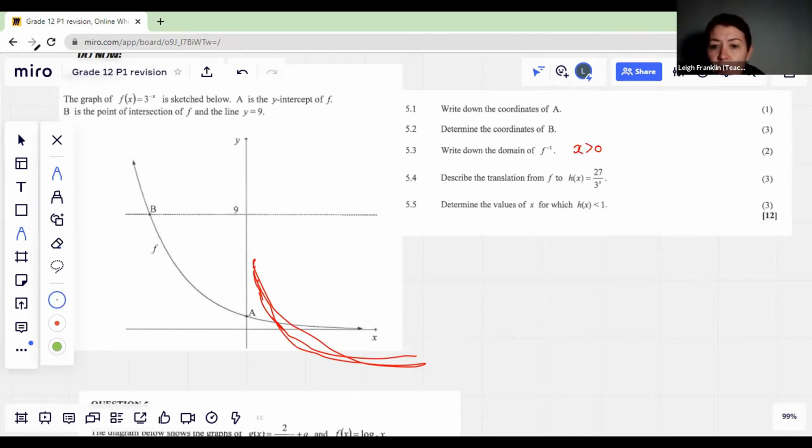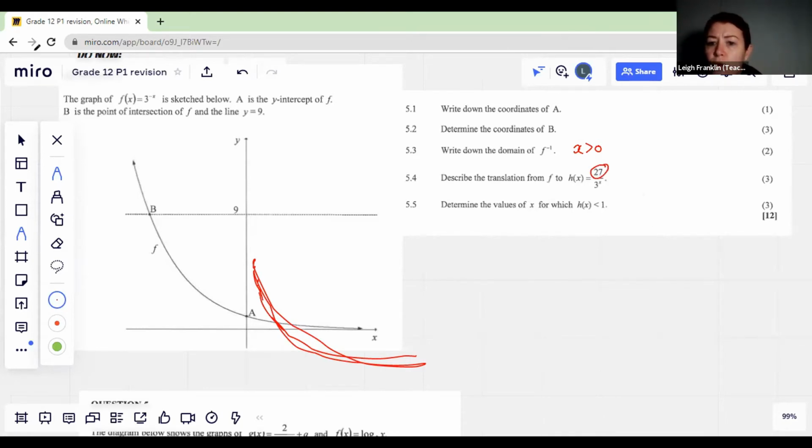Okay, 5.4. What you need to do, Isaiah, and Ayamide, is manipulate this 27.